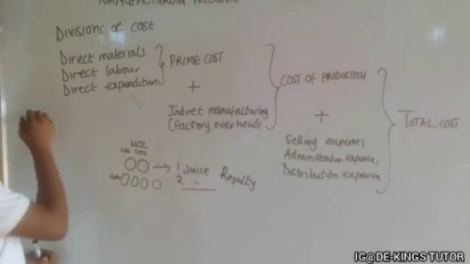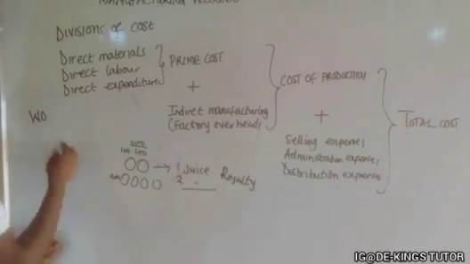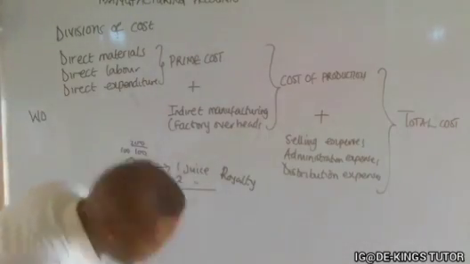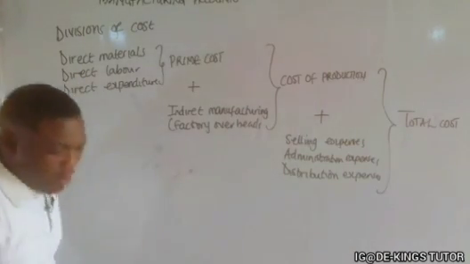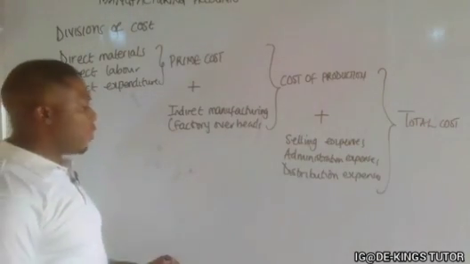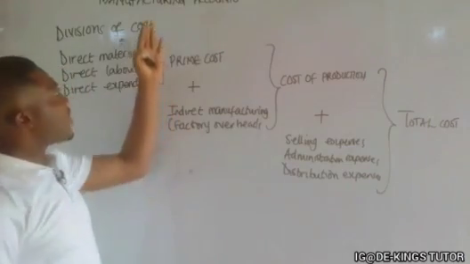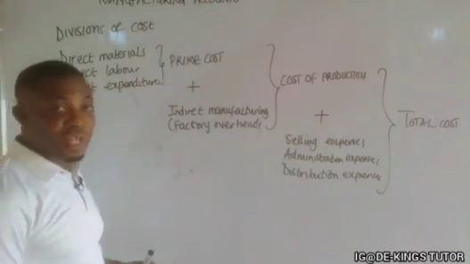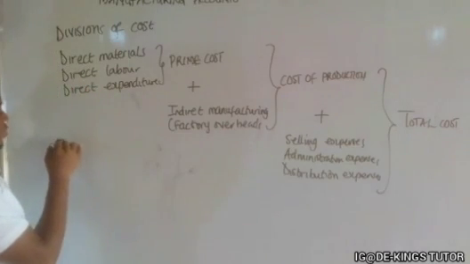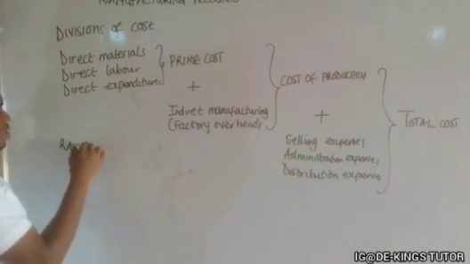Now, there's what we call the work in progress. Basically, like we said before, once a firm is involved in a manufacturing account, the firm will have to get raw materials.